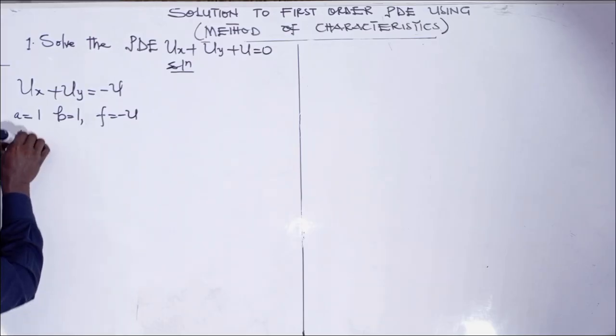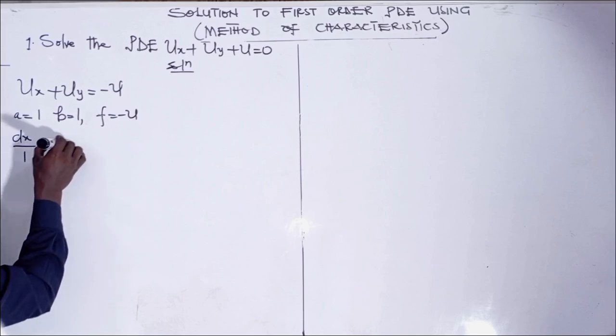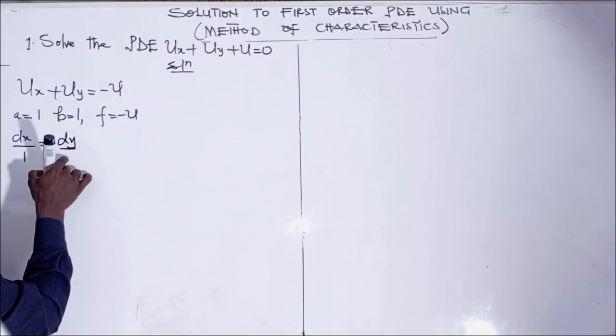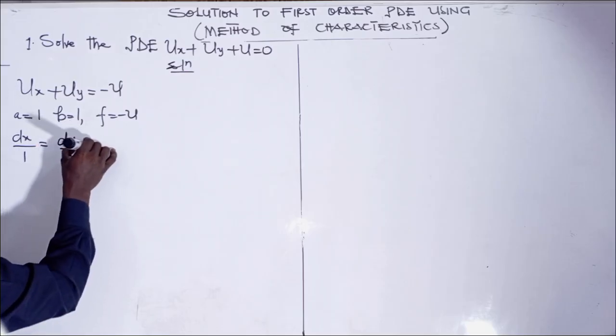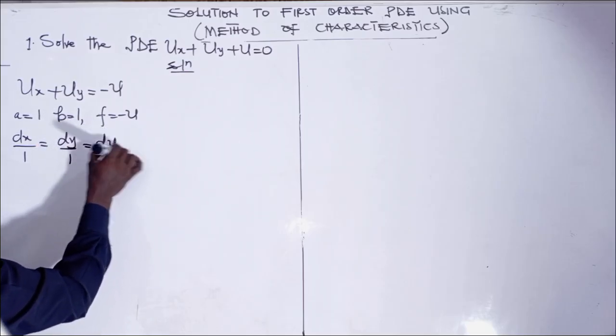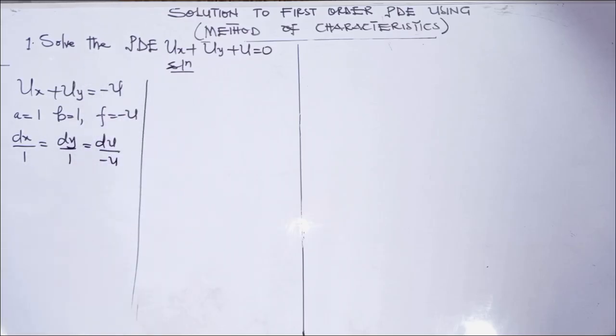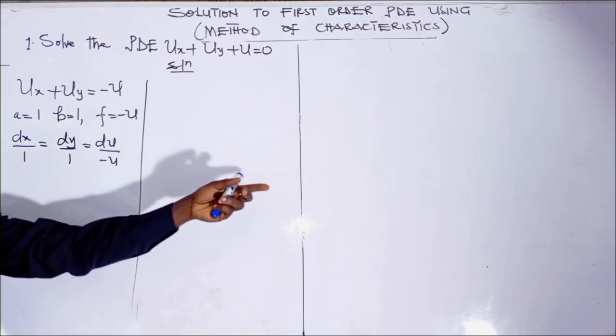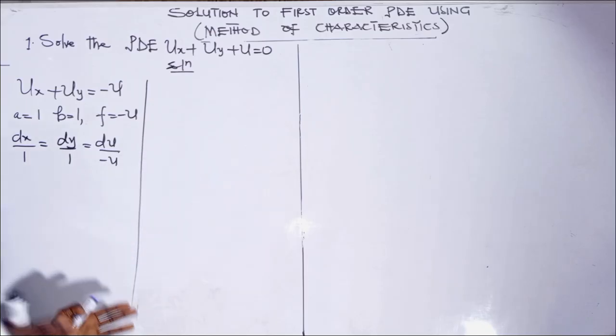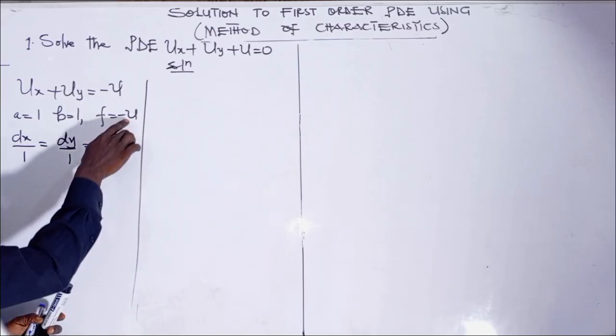Once we write this, we write the characteristic equation for this. So we are going to have dx all over a, our a is 1, is equal to dy all over b, our b is also 1, and then we have du all over f, our f is minus u. So once we have this, per the steps, we form two equations when f is not equal to 0.